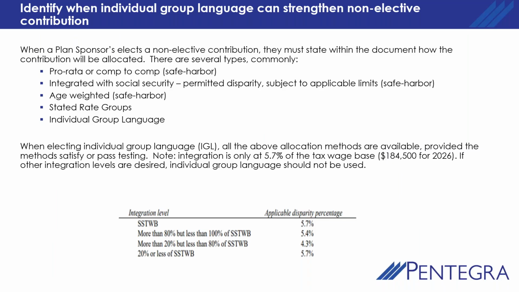And at the bottom of the slide, I provided that chart. You can also do an age-weighted allocation. So all of the safe harbor formulas that really don't require testing under 401(a)(4), those are all available under individual group language. And they still would not have to be tested formally under 401(a)(4).